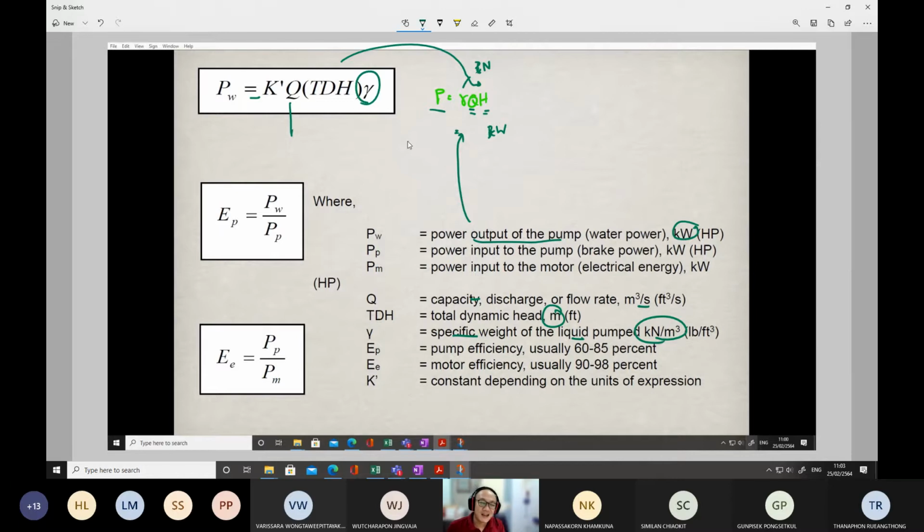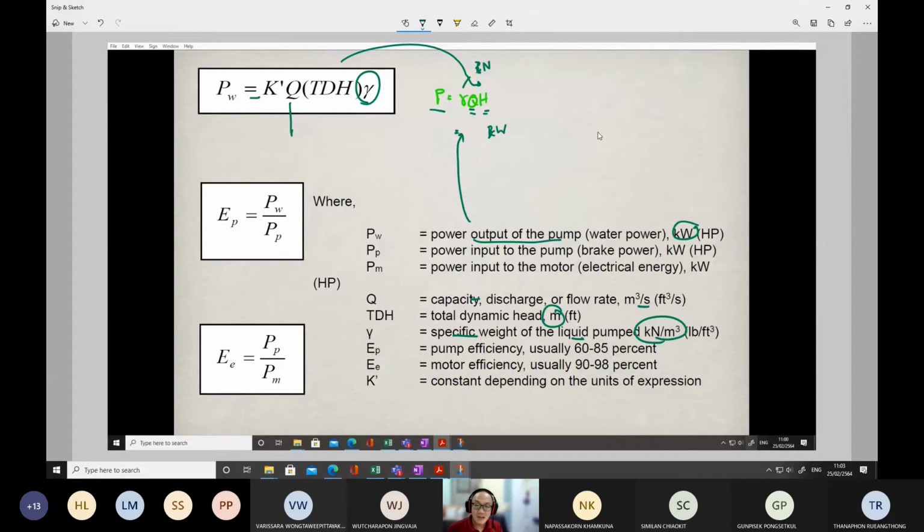But anyway, it doesn't mean that the power output obtained from this relationship is what we supply. Whenever we think about the power input, we have to input some more, because certain power will be lost. Some of the energy will be lost.